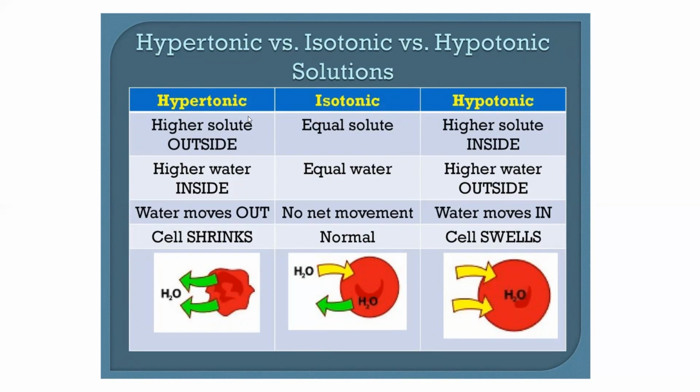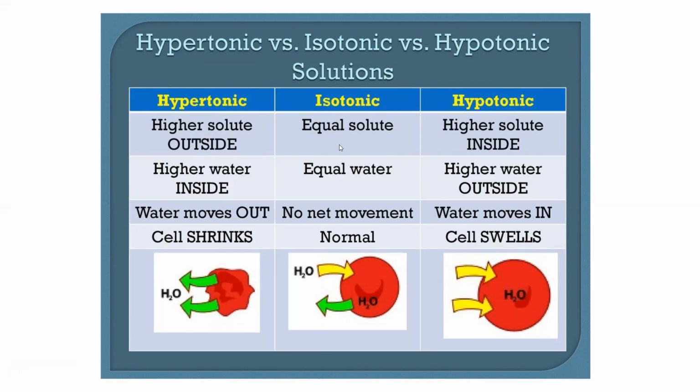That means there would be more solute outside, so saltier outside, and higher amounts of water inside. So because of that, the water wants to balance things out, and so the water would move out. That would lead to a shrinking of the cell. This happens in both plant and animal cells. The cells shrink to go to where there's not as much water.